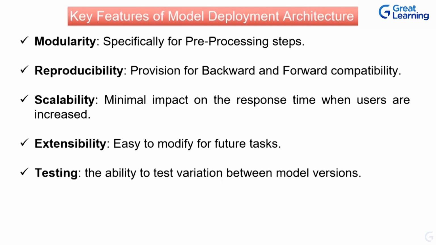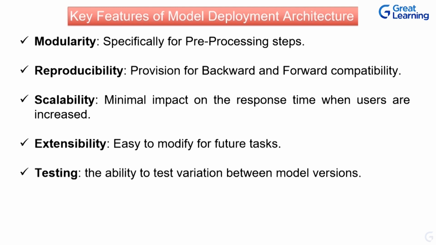Okay. The ability to test the variation between different model versions. What I will not be able to show you right now is how we compare different models which have been deployed, but I'll show you on the cloud platform how this version control is managed. Whenever we have different models available, every model has a life, right? Let's assume a model was deployed in an organization for 3 months, and maybe the model is not giving the required output.